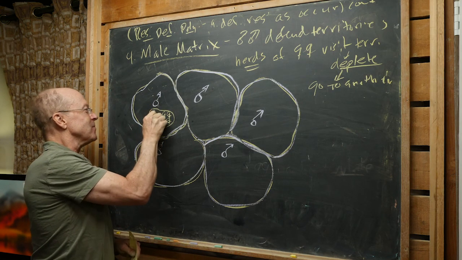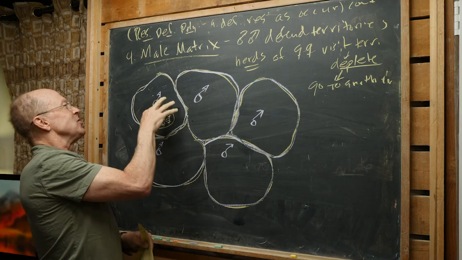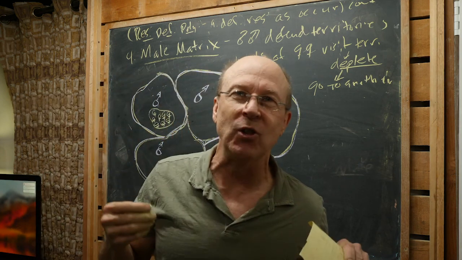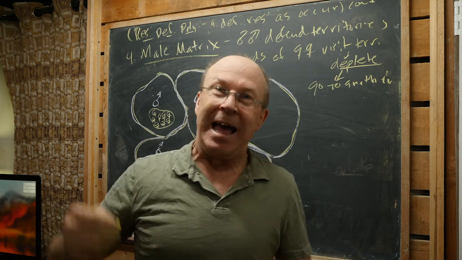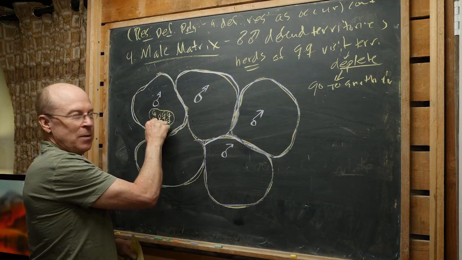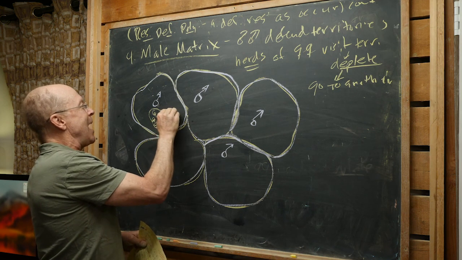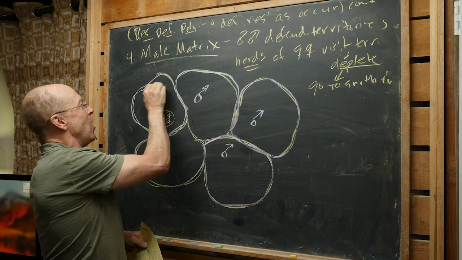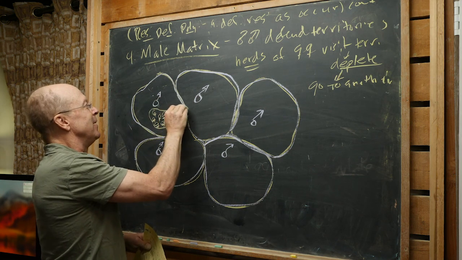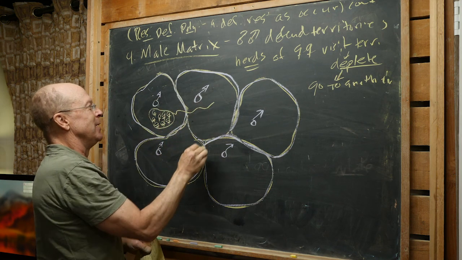And if they're in his territory and they become reproductively ready, then that's the male that will inseminate that particular female. But what's going to happen is that this herd's going to move along, and if things are getting a little scarce here in this territory, they'll move into this territory.